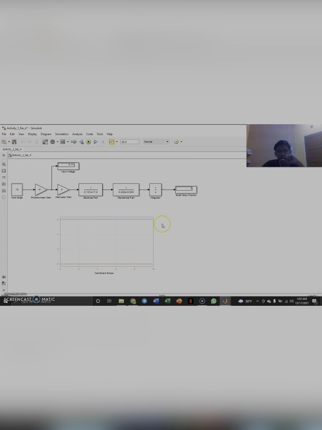Before I forget, for number 4, we change the value of input angle and keep the attenuator gain at 0, and then the system is not functioning because there is no current through the circuit because it will start at the attenuator gain.